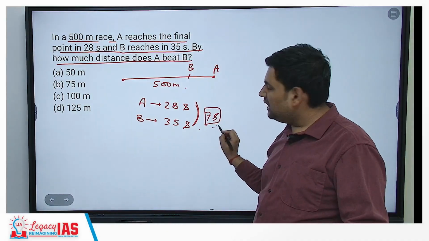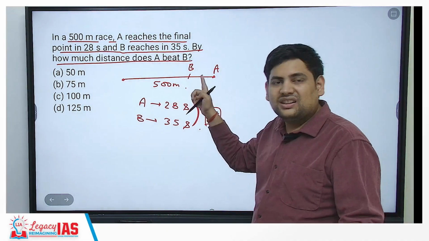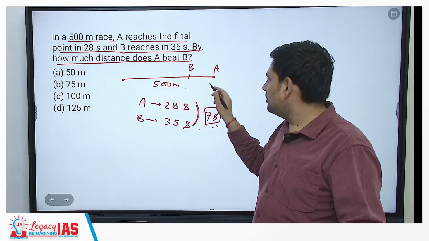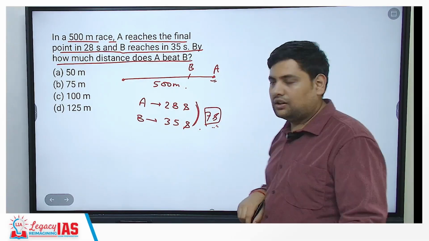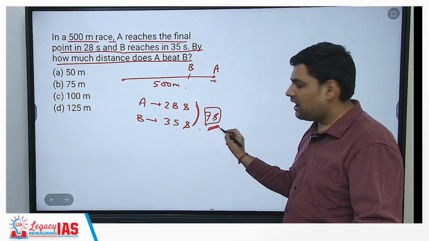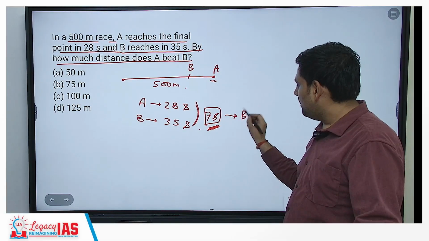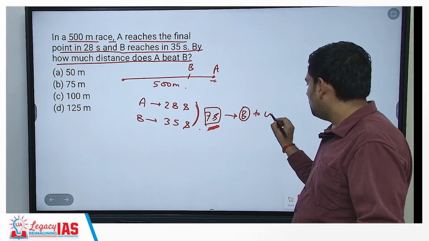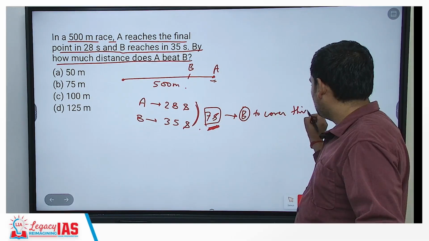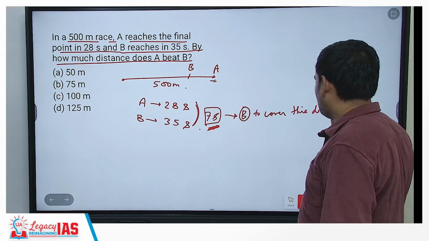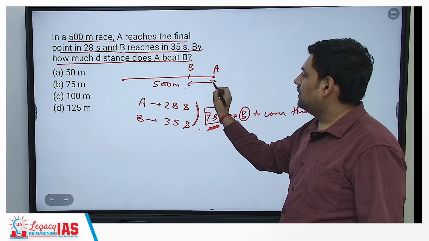That means B will still have to travel 7 more seconds to reach the end point. So 7 more seconds has to be traveled by B to cover this distance. Or if I have to calculate this distance, then what will it be?